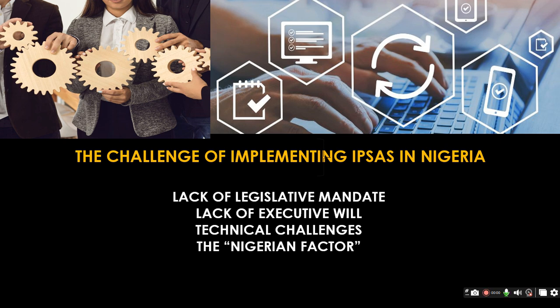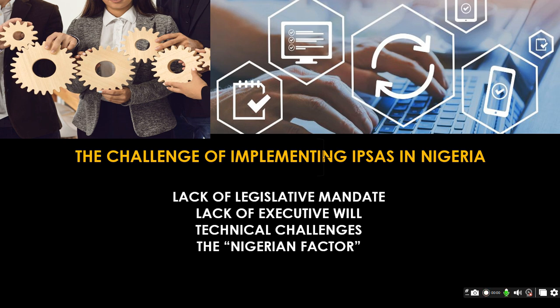With or without legislative mandate, the executive can always implement any policy that they feel is necessary. Because even if there is legislation on IPSAS, it is still the executive that will implement it. So if they don't have the will to implement it, there is nothing the law can do.